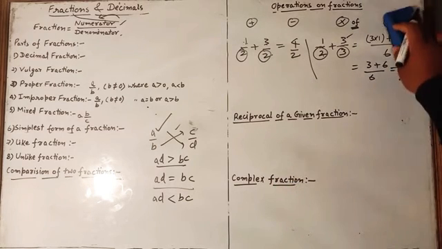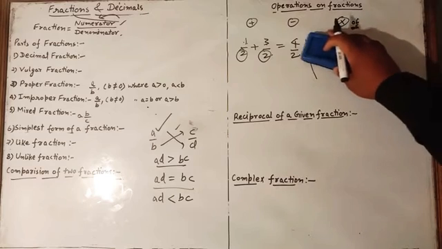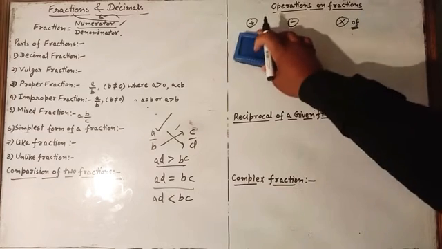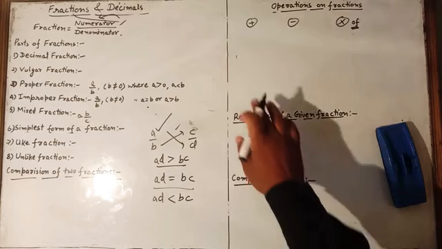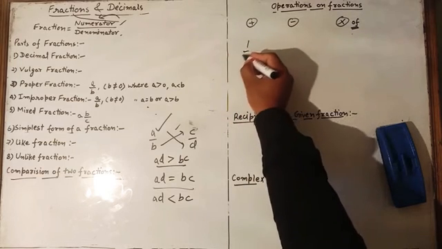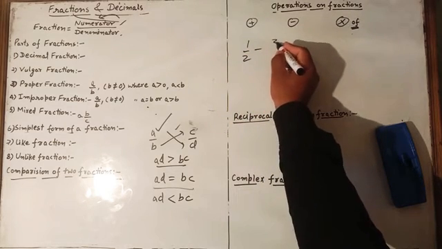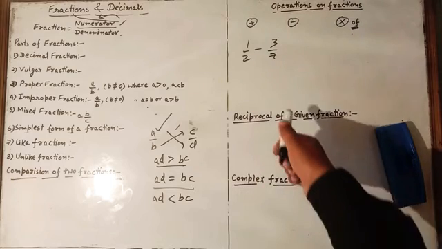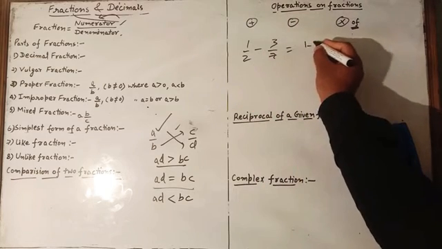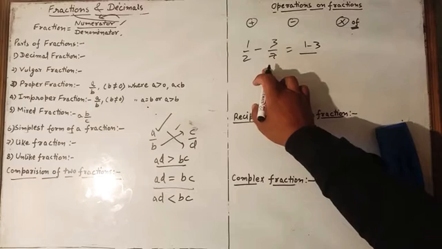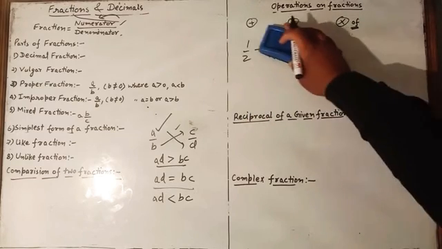So in case of subtraction, all the rules are the same as they were in addition. Same thing we will do if like fractions are 1 by 2 minus 3 by 7. Sorry, I have written it wrongly.